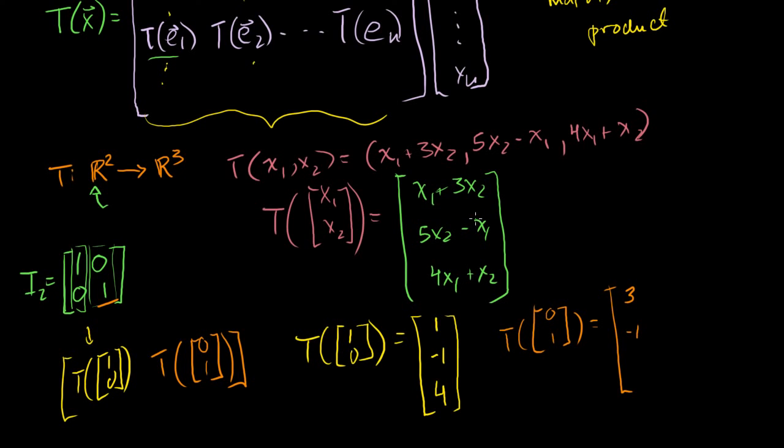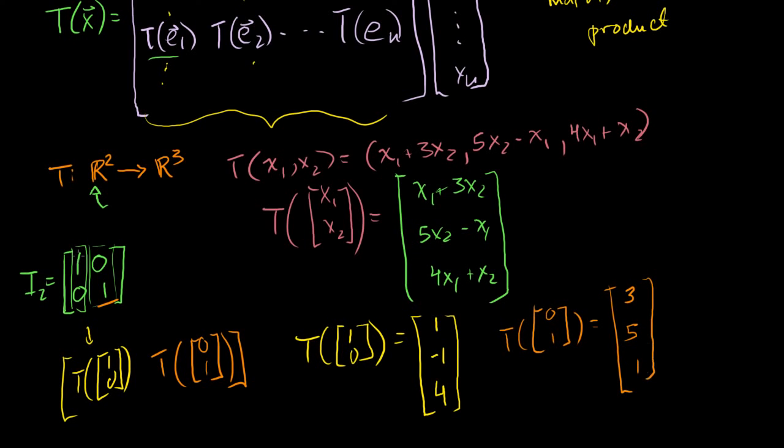And then, no, yeah, 5 times 0 minus x1, which is 1. Now, in this case, it's 5 times, oh, I have to be careful. This is 5 times x2. x2 is 1. So 5 times 1 minus 0. So it's 5. And then I have 4 times 0 plus x2, which is 1.